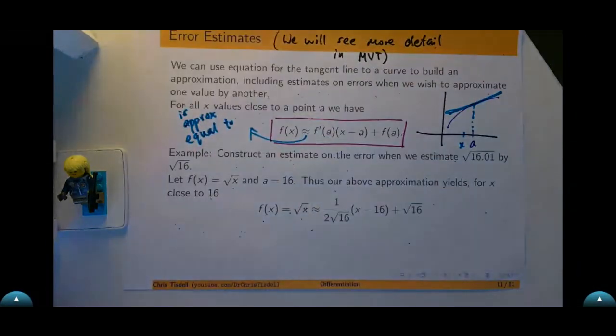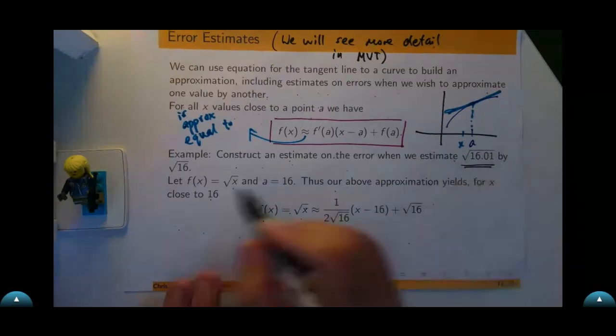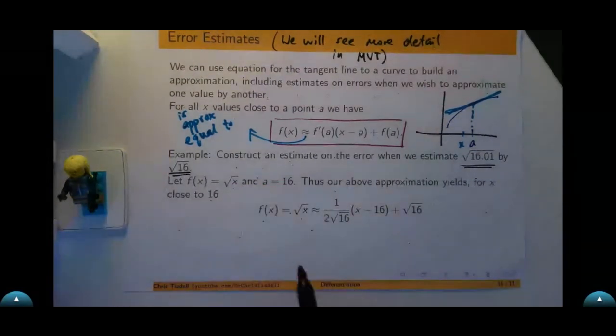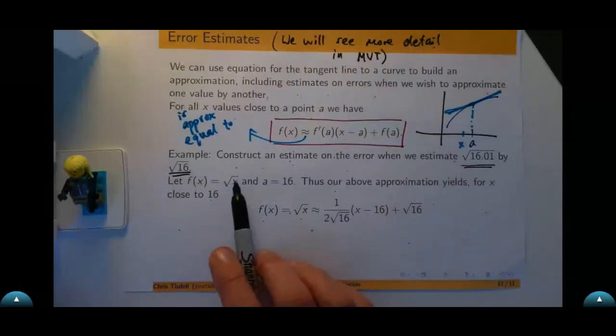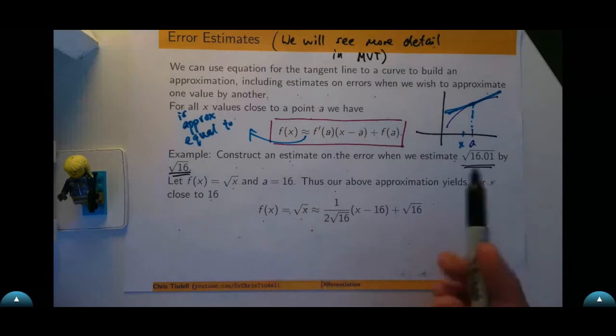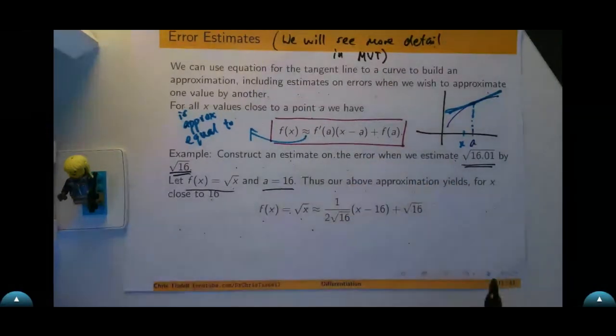Okay. So as a really super simple example, and like I said, I don't want to spend too much time on this. Suppose I want to estimate that by that. We can put in this square root function. That would be your f, and your a would be 16.